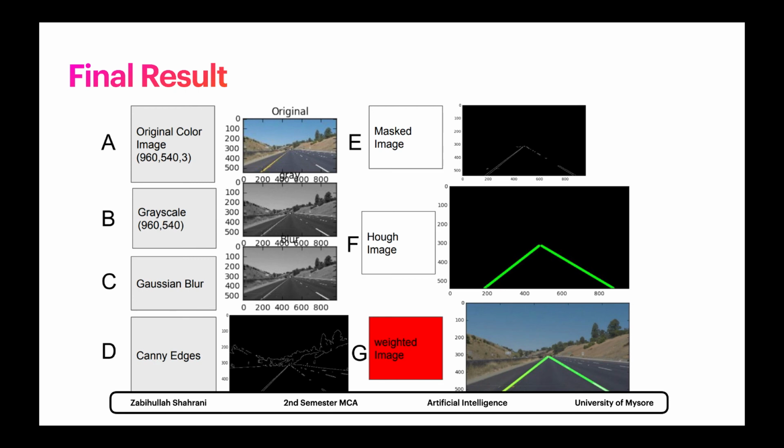Then we got the original image, changed it to Gaussian Blur, found the edges, applied the mask, and applied the Hough function. Finally, we got the original image with the Hough function result, and we overlaid the Hough image on the original image, and we got our final result, and that's when our lane line detection will start working.